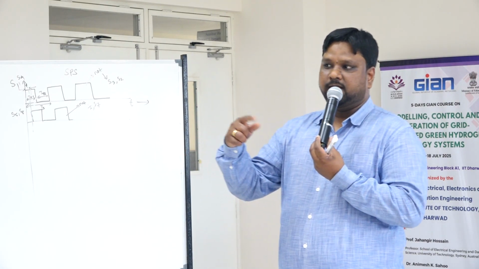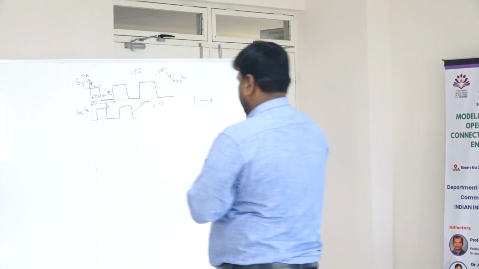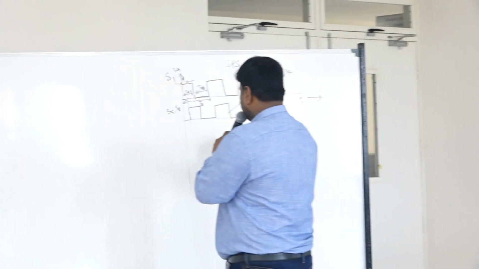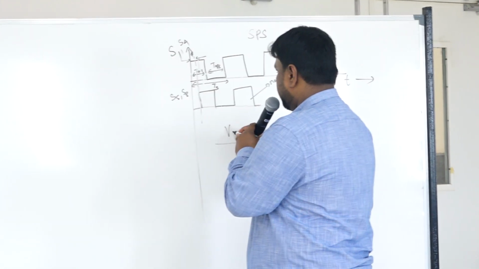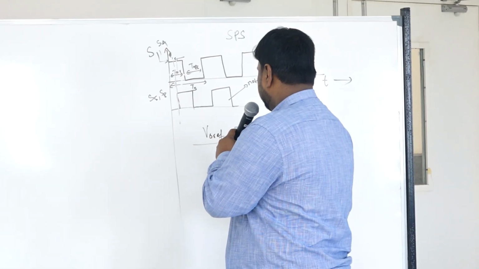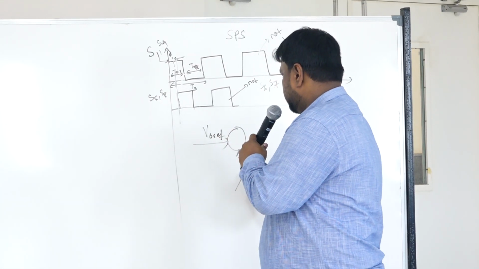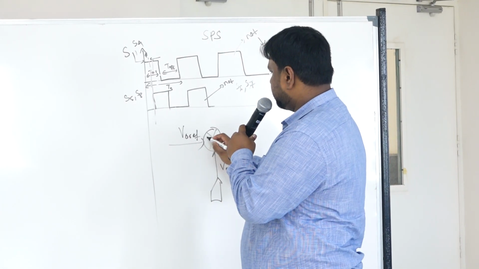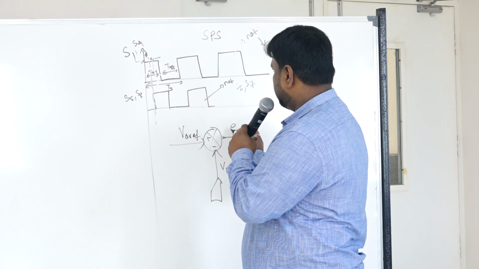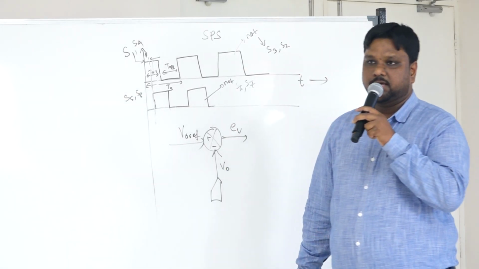So now we will create an error. We'll take a summation: this is my V naught reference, this is what I'm tagging from the output, and the subtraction gives the voltage error.